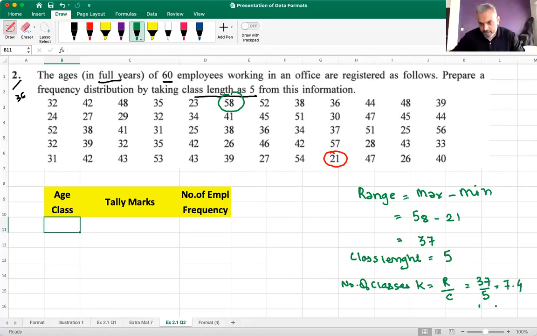So we take it as 8 classes. Please do this working also.